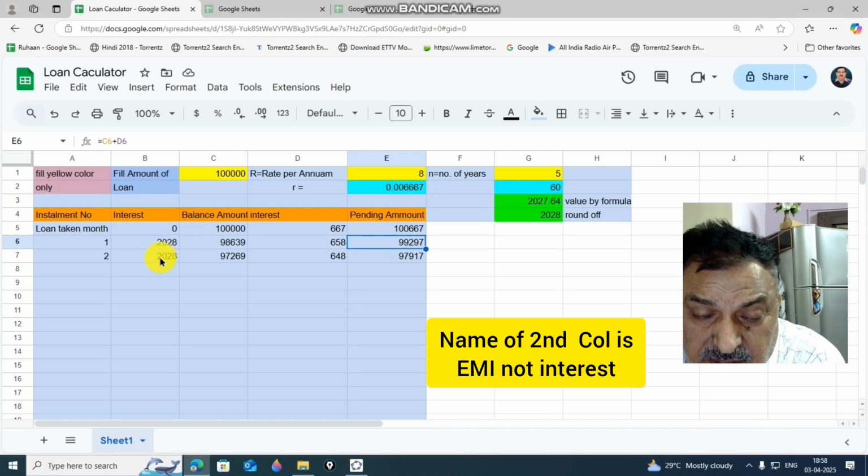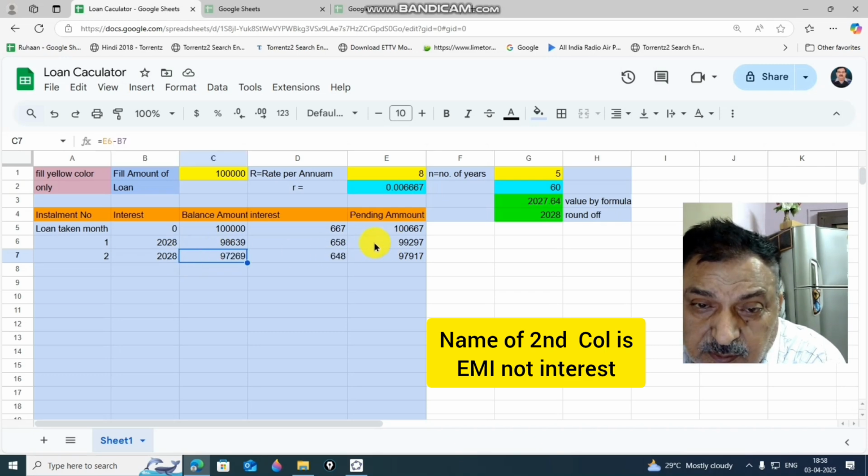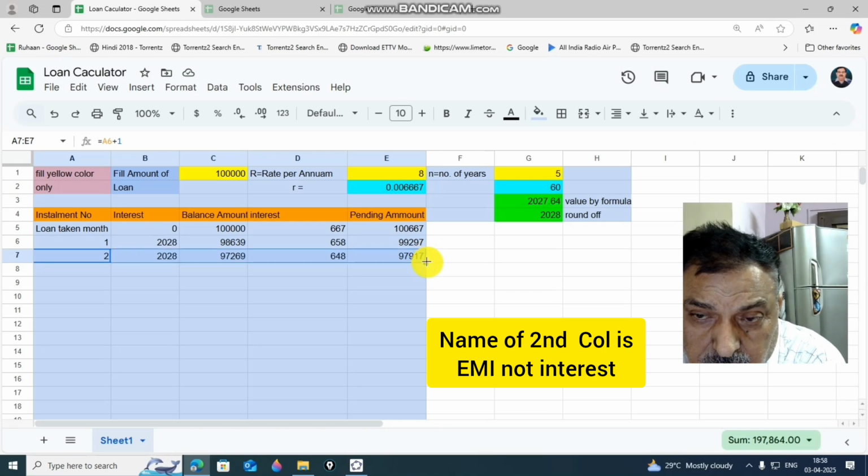Now EMI is filled again. Now this value is again this, and similarly like this. Now we will go up to 60 columns.